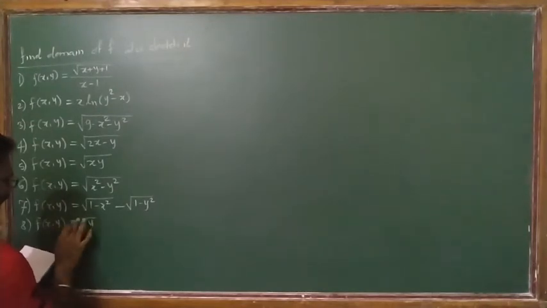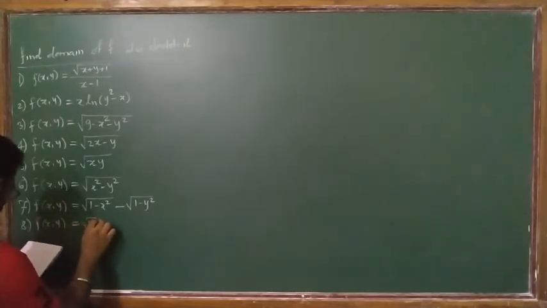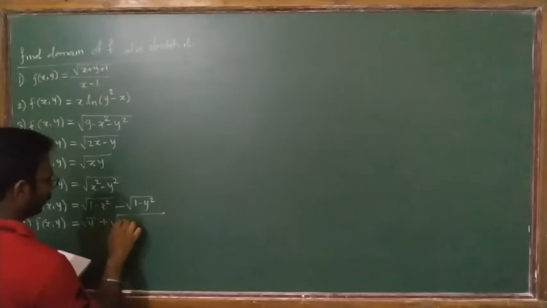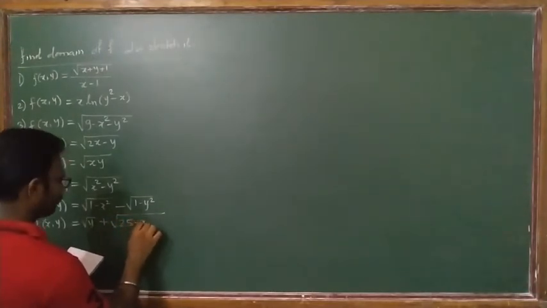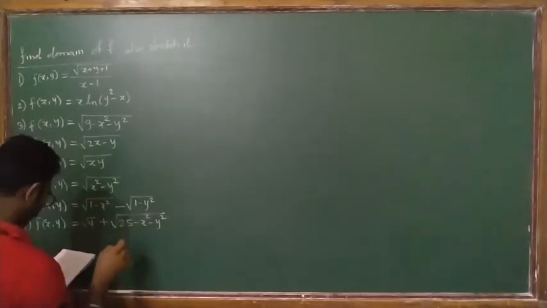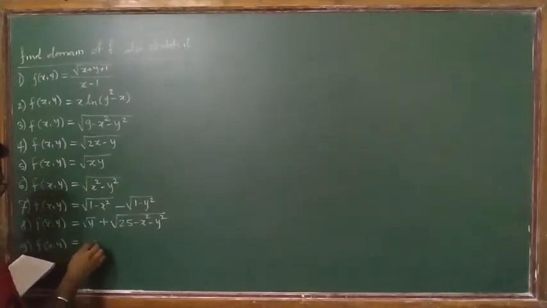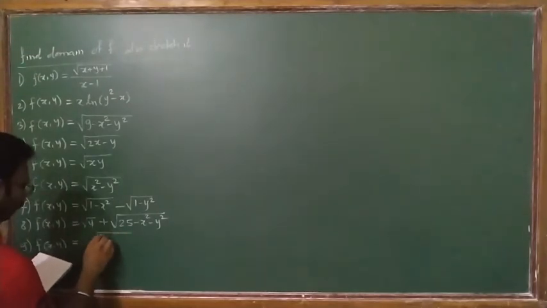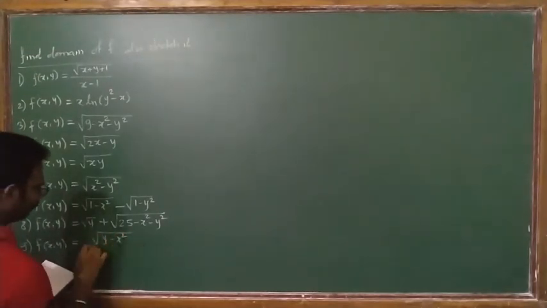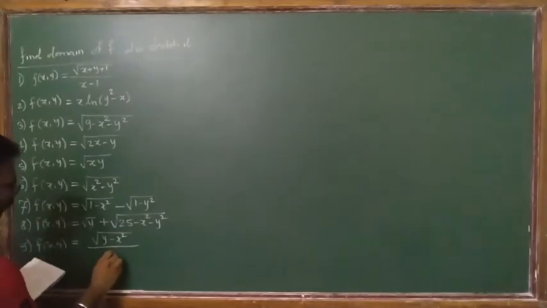Under root 1 plus under root 25 minus x square minus y square. And the last one is f equal to under root y minus x square upon 1 minus x square.